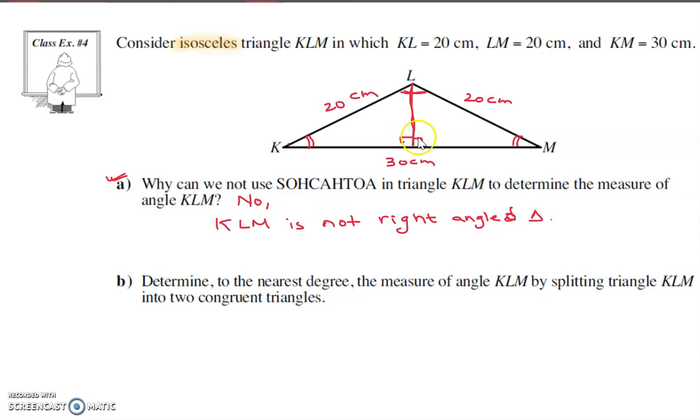These angles are also 90 and 90. You can see that these triangles are congruent. They're exactly the same, copies of each other, which means this side is equal to this side. If the entire side is 30, each side is 15 and 15.